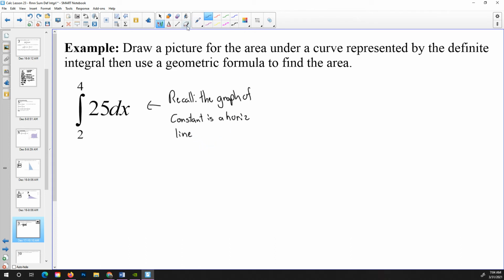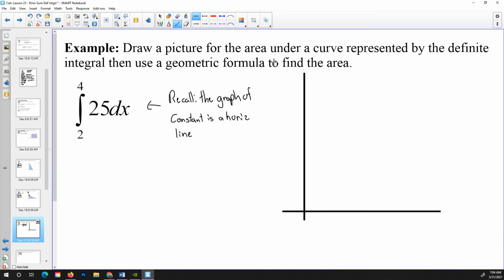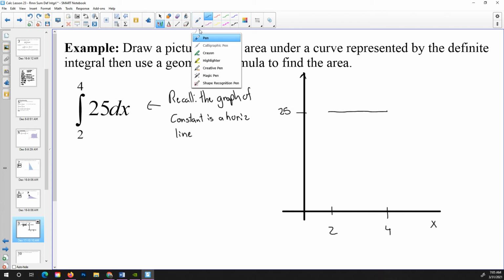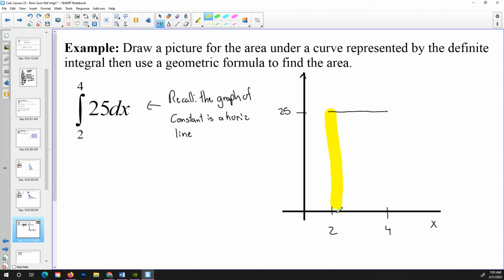All right, so if I go to draw this, my lower bound and upper bound goes from 2 to 4 on the x-axis, and then up here I'll have 25, and so here is my function, and then the area in between will just be this area right here.